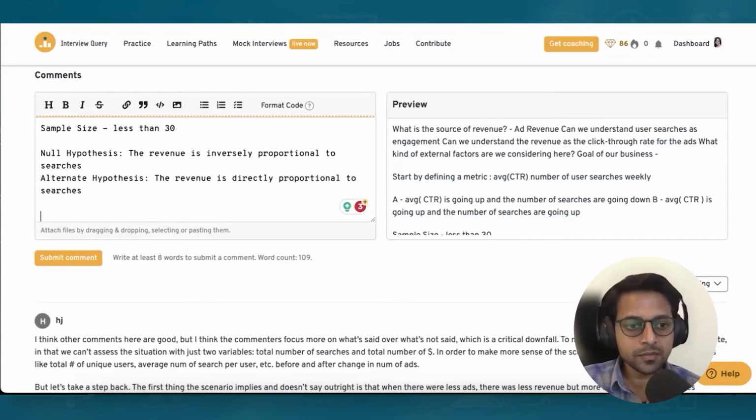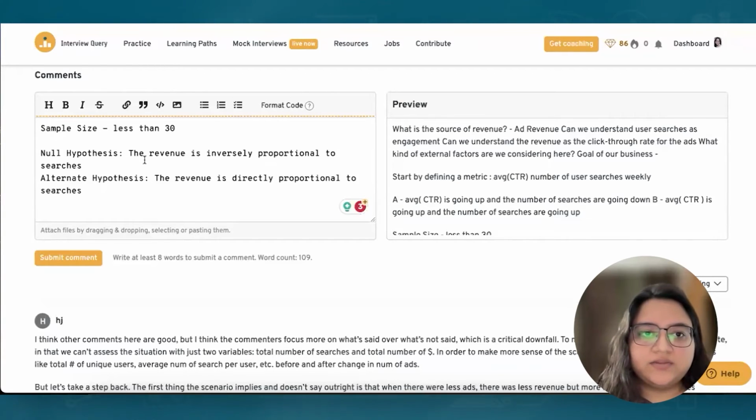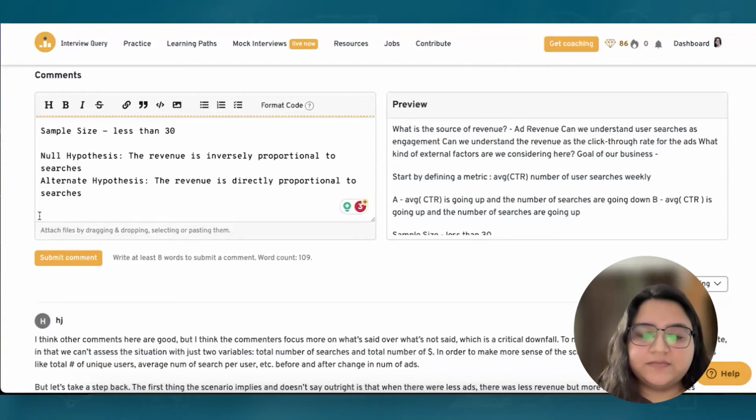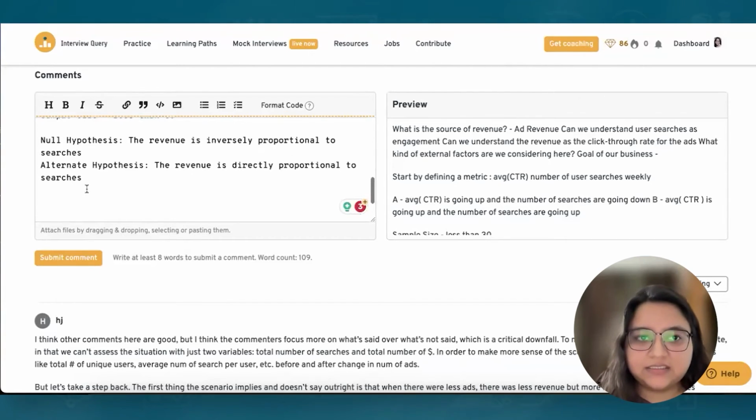Let's move on. Right. So now that we have set up our null and alternate hypothesis, we would start by performing a t-test. So I'd say for the sake of simplicity, we've kept our sample size less than 30.